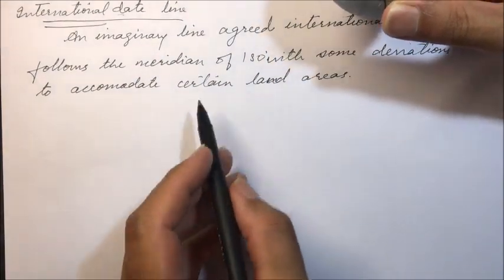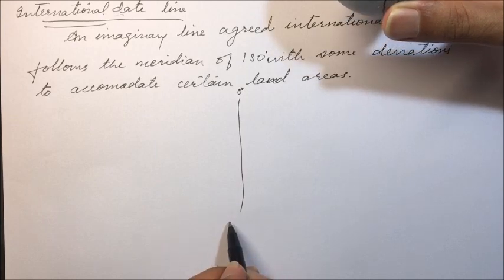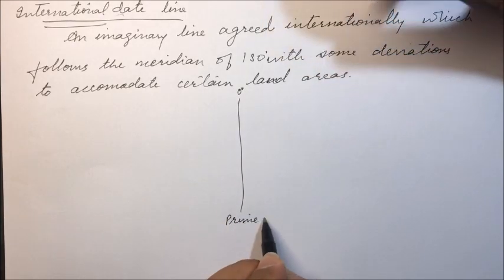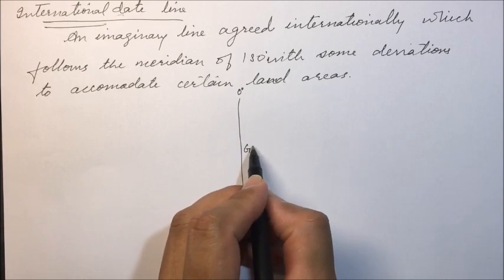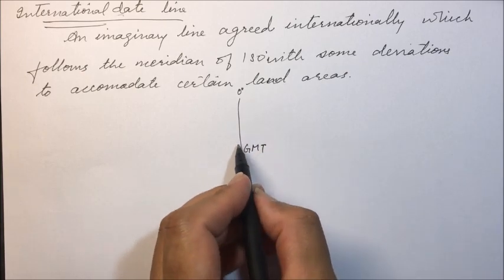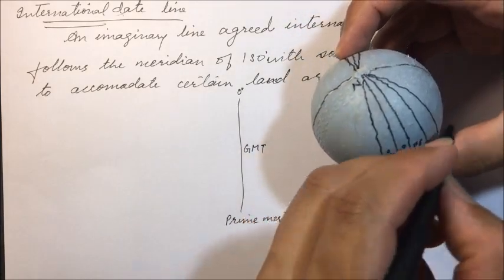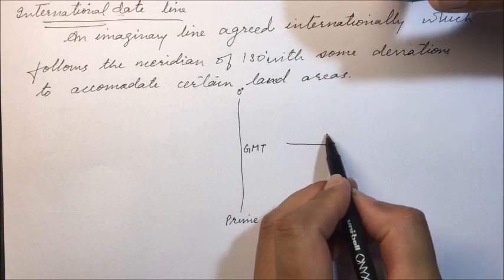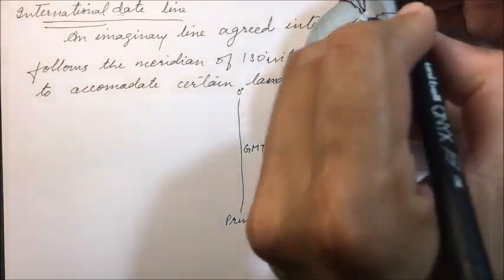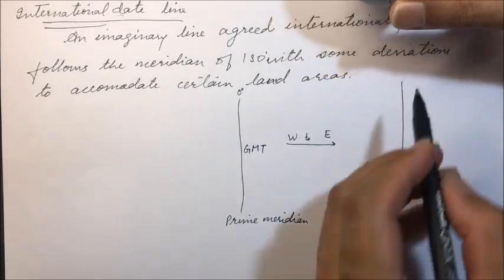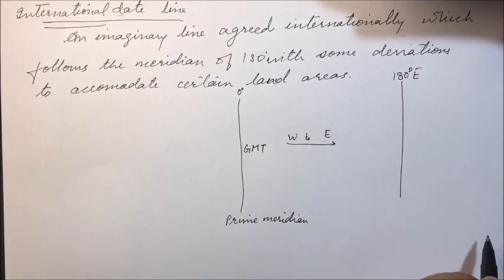So if I have to draw, for example, here I have drawn 0 degree and this is the prime meridian. And here we denote the time with Greenwich Mean Time. Now if we move towards east, west to east, we come across 180 degree east.